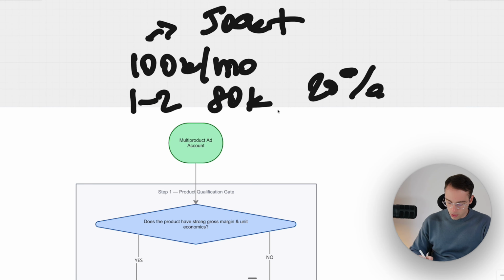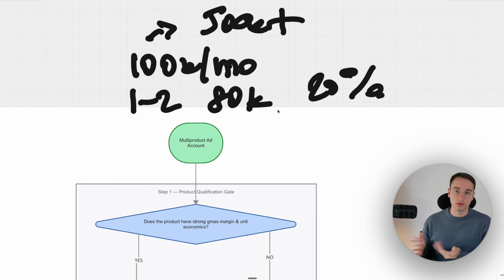But I digress, to go back to my point here: does a product have strong gross margin and unit economics? Does it make sense to actually push it on the first purchase? Because some products, when you run the numbers, won't make sense. We're not going too deep into economics, which I'll make a different scaling video about.